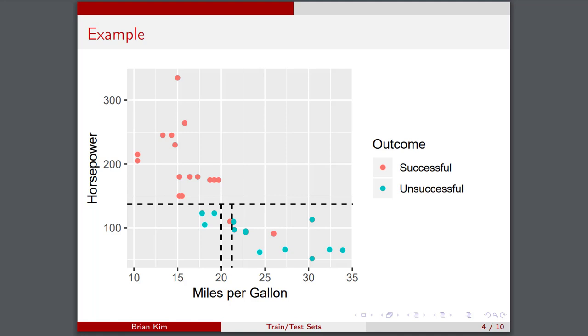And so it might just be a case where it was successful even though maybe it shouldn't have been, or maybe there are a lot of cases where a similar miles per gallon and horsepower resulted in an unsuccessful campaign, but it just happened to be successful that one time. But in general, if it has similar horsepower and miles per gallon, as we can see by the points closest to it, we might want to predict that it's unsuccessful because, generally speaking, it's going to be unsuccessful.